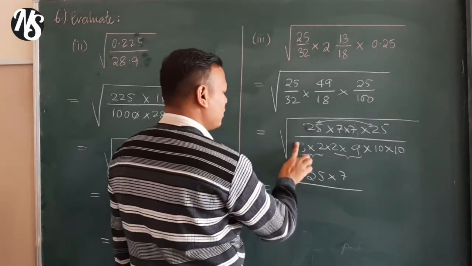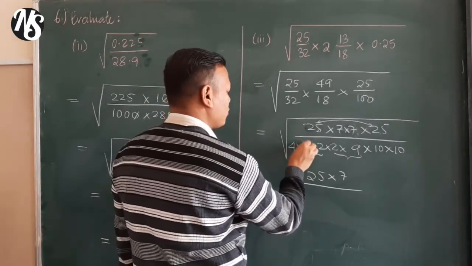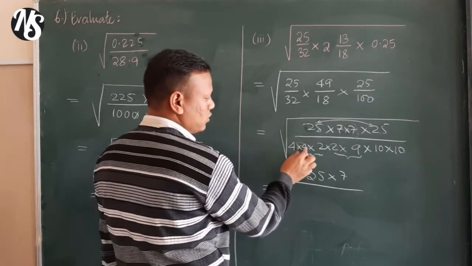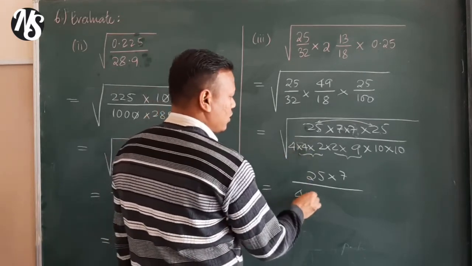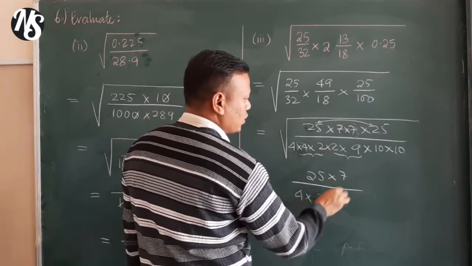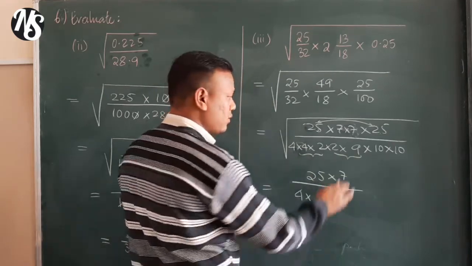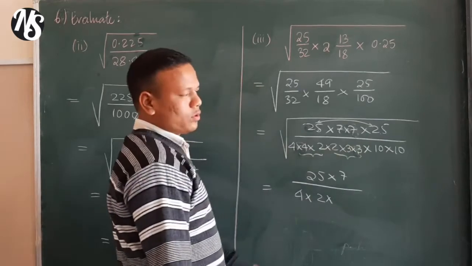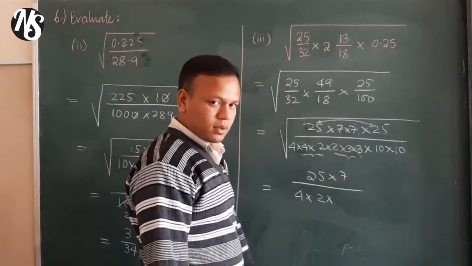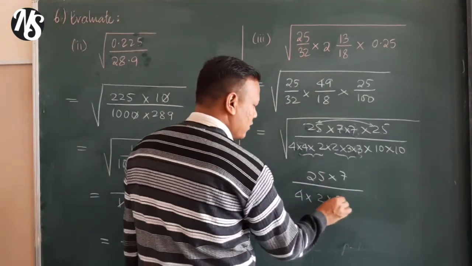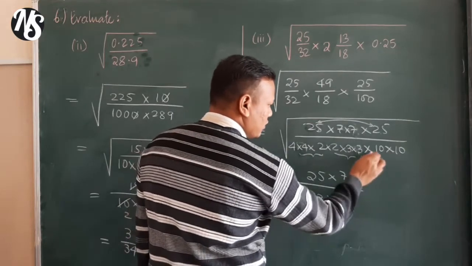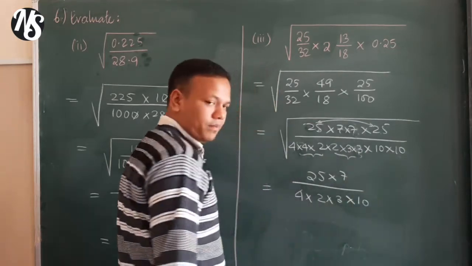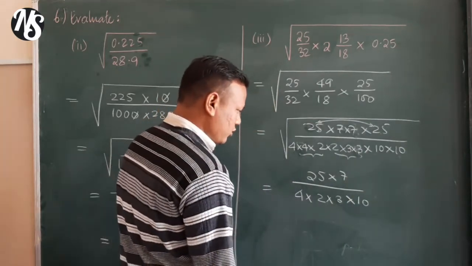Let me write this as 4 into 4. That is also fine, no? So instead of these two 4, I'll write only 4. Instead of these two 2, I'll write 2. For 9, can I write this as 3 into 3? Yes. So basically what you are going to do is factorize each and every number. Instead of these two 3, I'll write only 3, and instead of these two 10, I'll write only 10. Is there any cancellation possible?